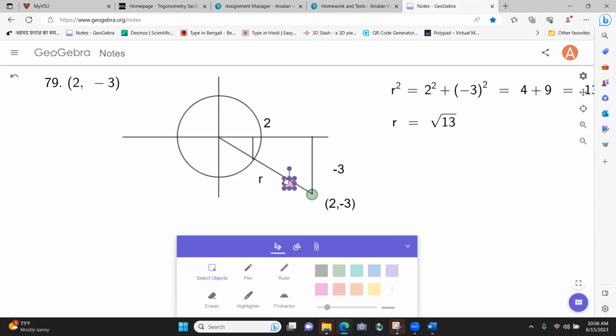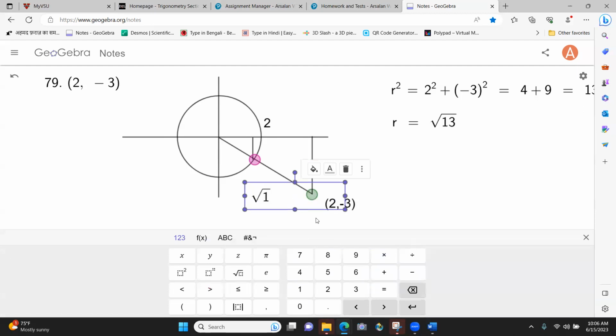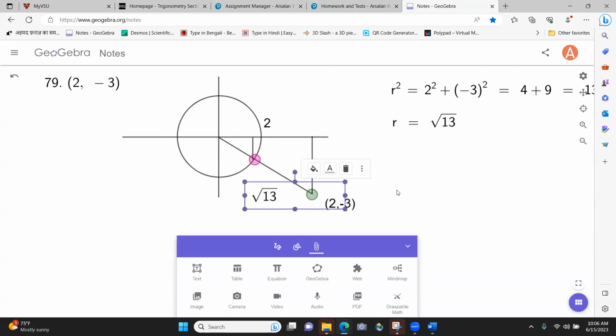And let's say the pink point falls on the unit circle. So r, I am going to write as the square root of 13, because I know it is. This big length is 3.6, or the square root of 13. The small length is 1.